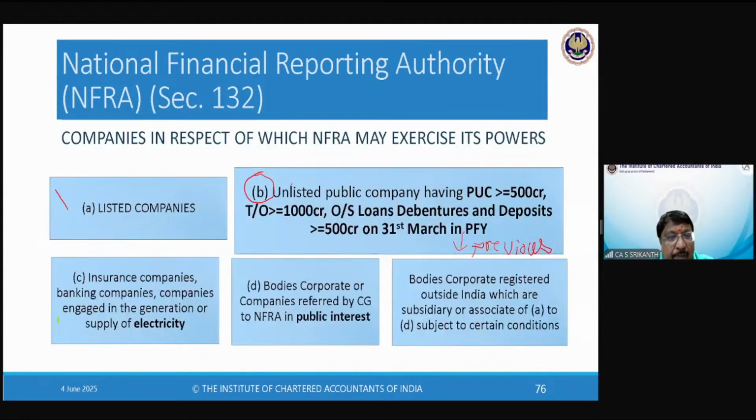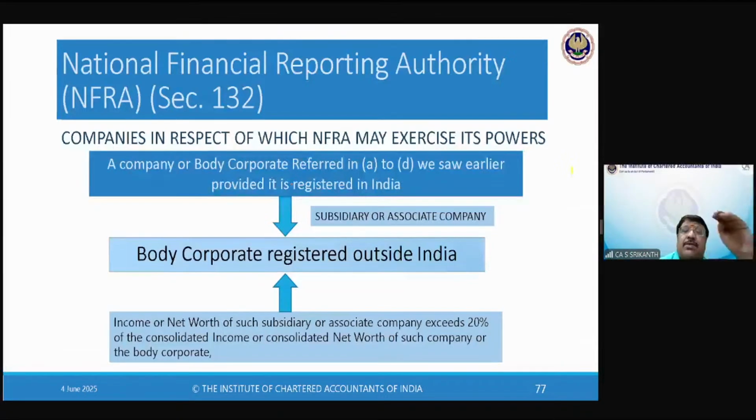So A to D, any one of these, if they have a subsidiary abroad or an associate abroad, that company also will come here. But subject to condition. What is that? We said now body corporate registered outside India. Now, not all. You can't just like that go and take. First of all, you should be a subsidiary or associate. So this body corporate registered outside India should be a subsidiary or associate of A to D. Got it?